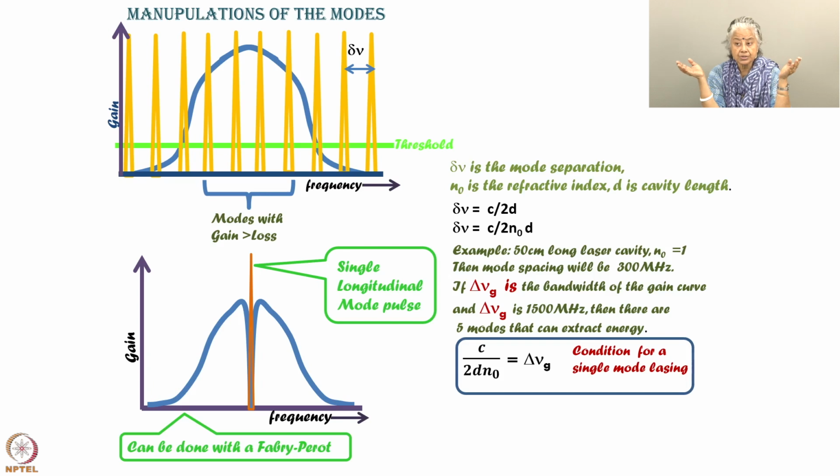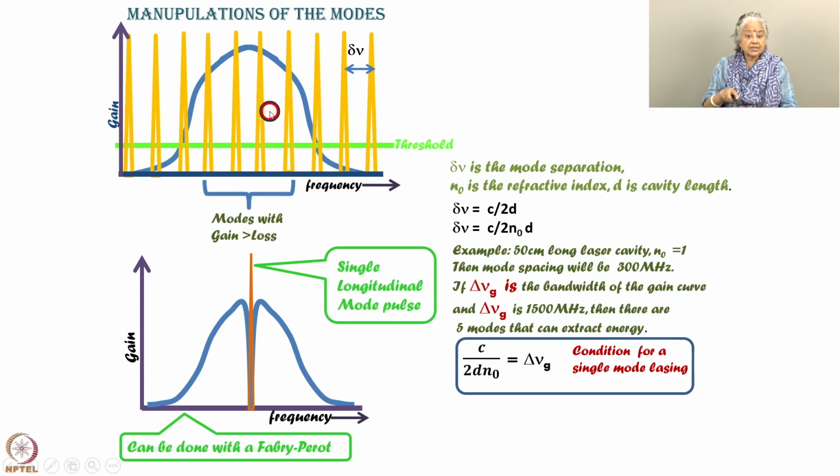Perhaps in those experiments they are not too bothered about the energy that is extracted. Energy can be low, but my need is to have a single longitudinal mode. So, from all these modes, how do I select only one? I do not want all of them, I just want one, the one in the center, say. How can I get that?